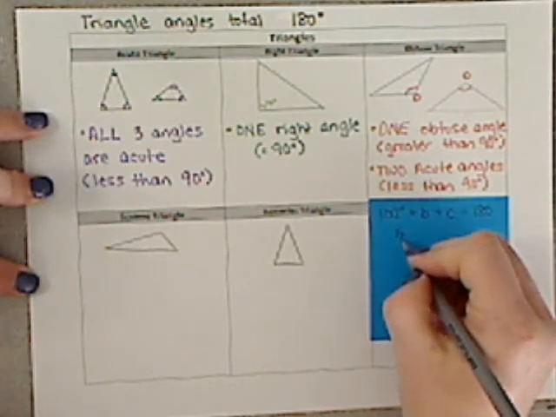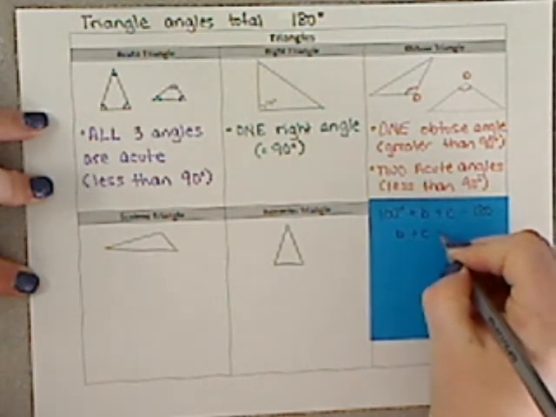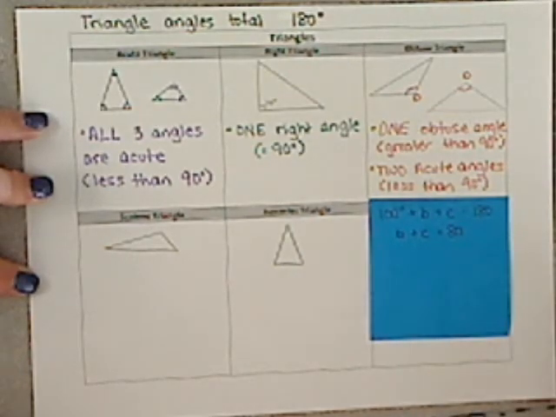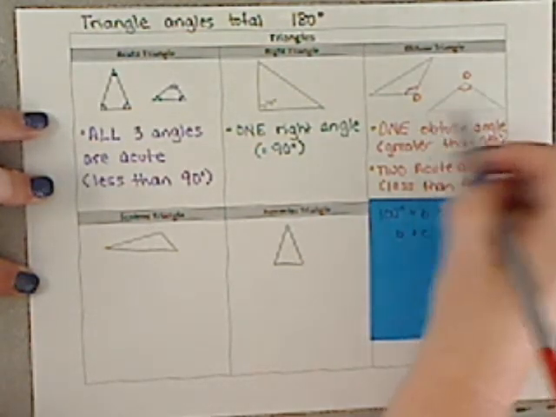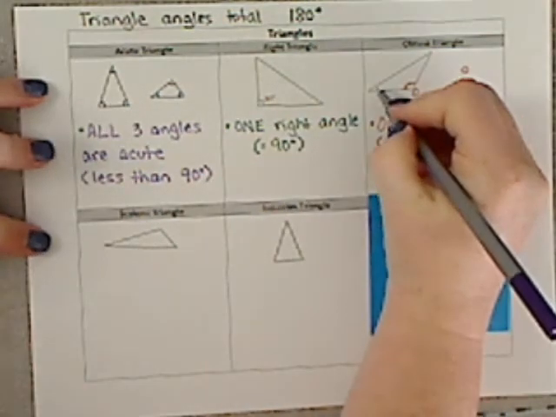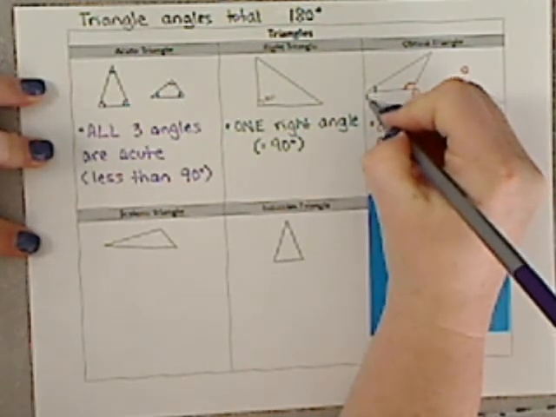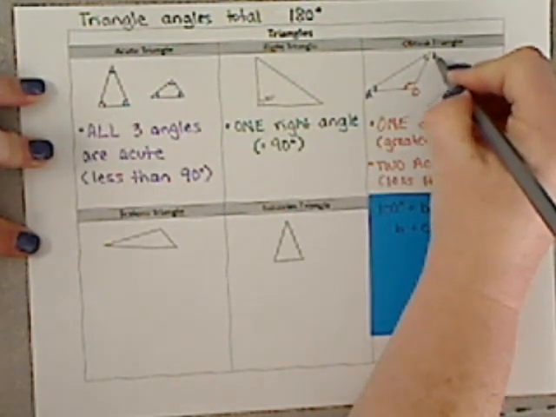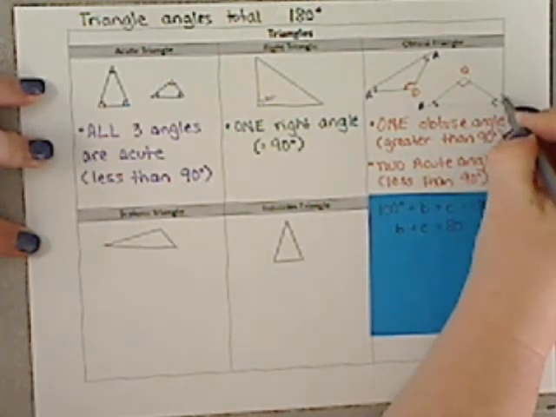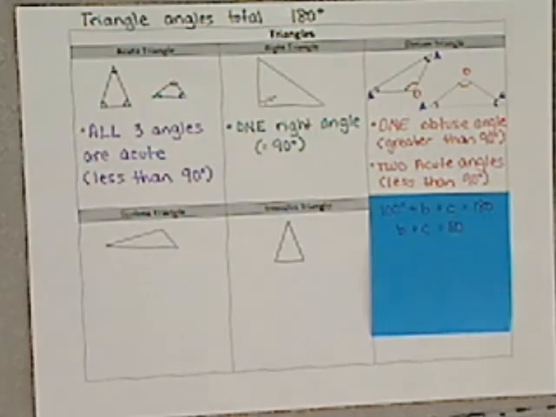That means that angles B and C cannot equal more than 80 degrees total. So these two angles cannot be right angles. They cannot be obtuse angles. They have to be acute. So I'm going to label them in purple and I'm going to put an A next to them. Okay.